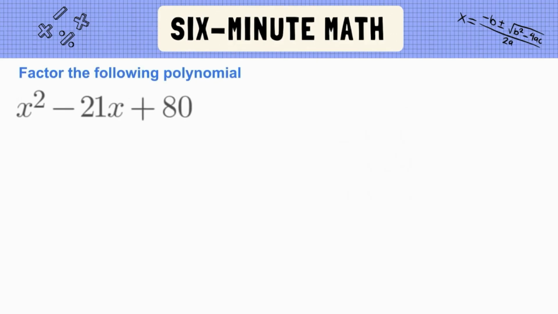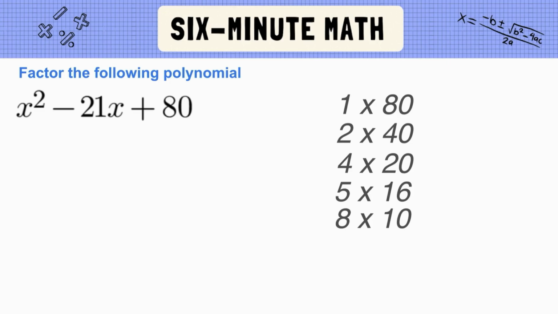Let's check out a couple more examples here. We have x squared minus 21x plus 80. I am looking for two numbers that add to this middle b value of 21. So let's do some sums here. We have 81, 42, 24, 21, and 18.